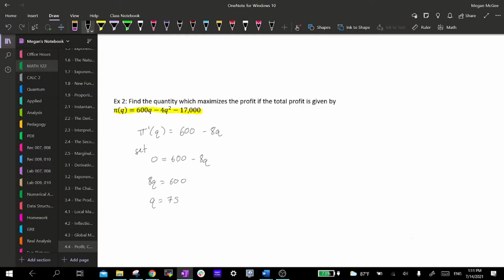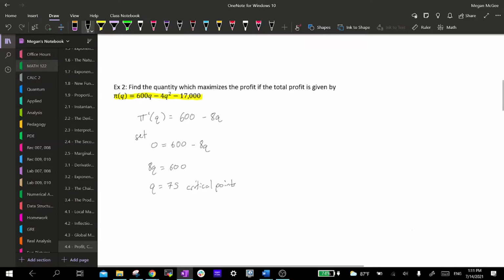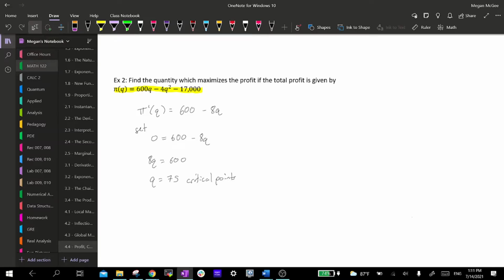This is one of our critical points. We have a polynomial function, which means we are defined everywhere, so we don't have any undefined points. But we do have this critical point where our derivative is 0. We need to test, is this a maximum or a minimum? I'm going to use the second derivative test. The second derivative of pi is -8.